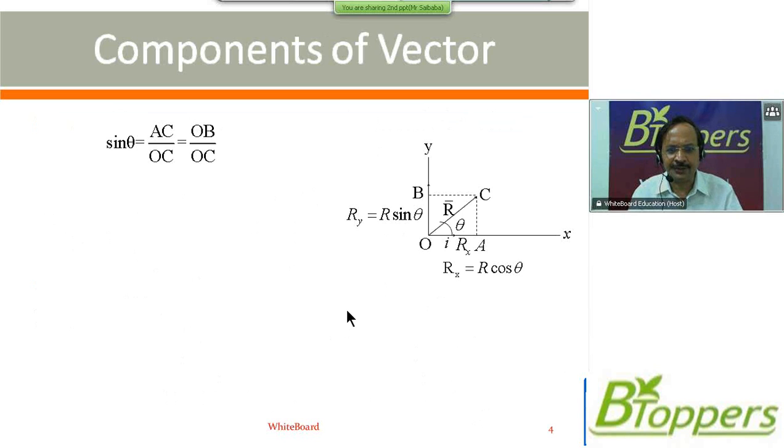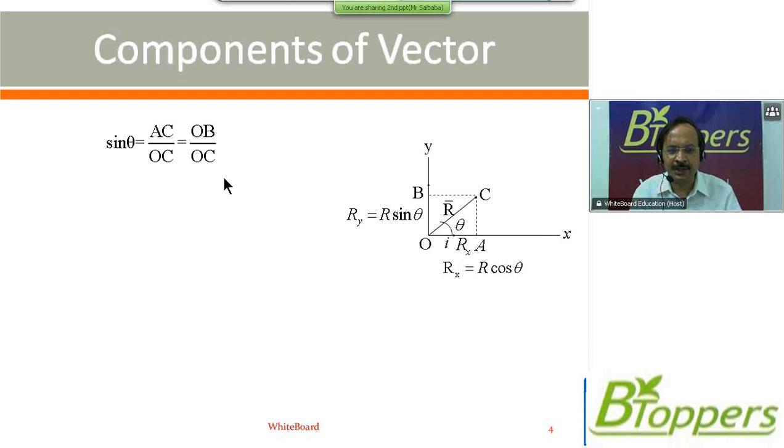Again, the same triangle OAC, sin theta equal to length of the side AC opposite theta divided by length of the hypotenuse side OC. In rectangle OACB, opposite sides have same length. So length of side AC will be same as the length of the side line OB.